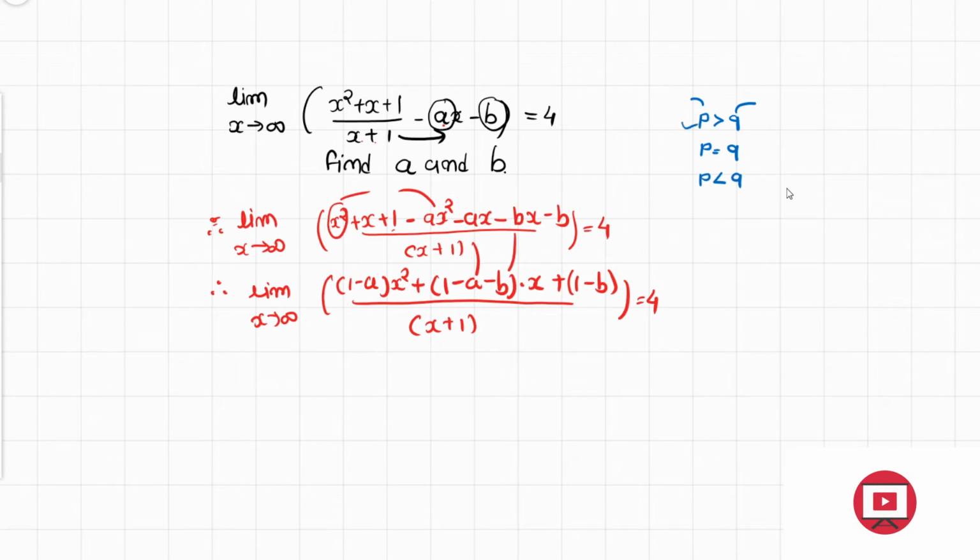So let us try to figure out first p greater than q.